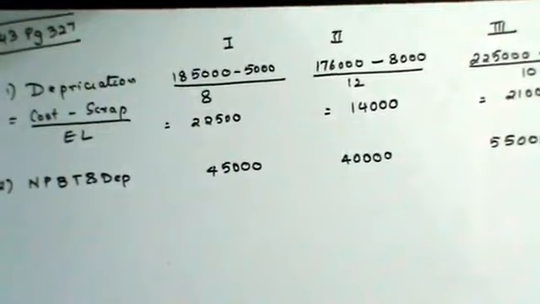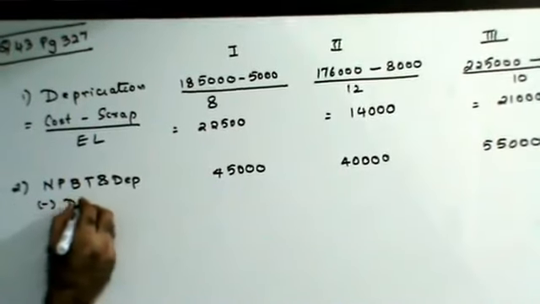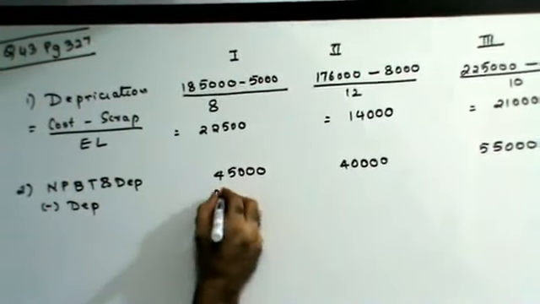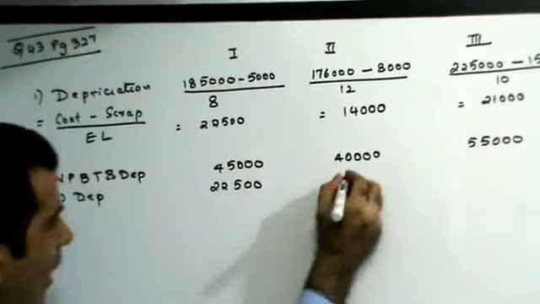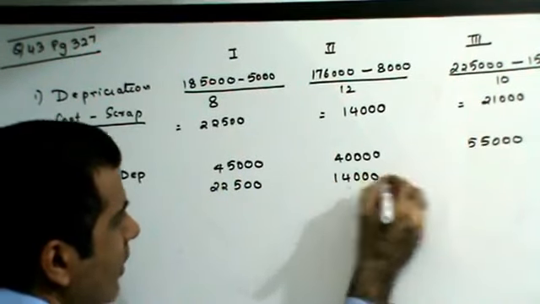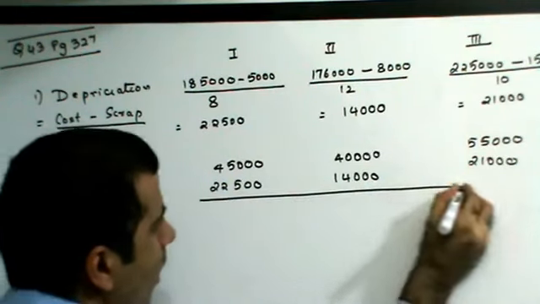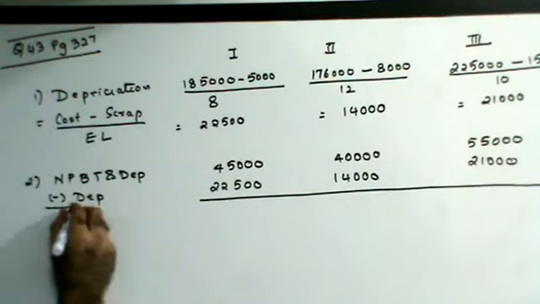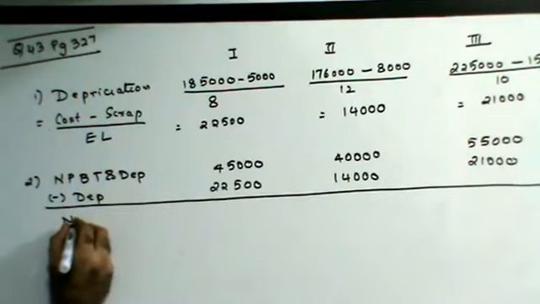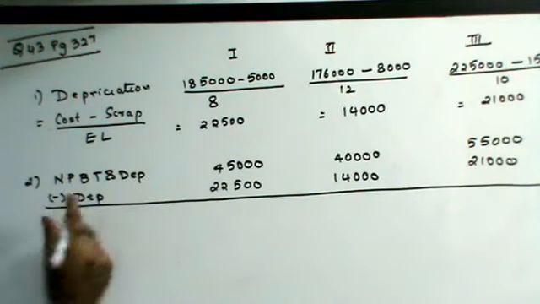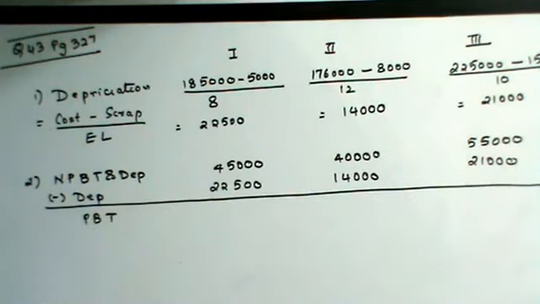Okay? Less depreciation, that's 22,500. We just calculated 14,000 and 21,000. This will give you your profit before tax, right?